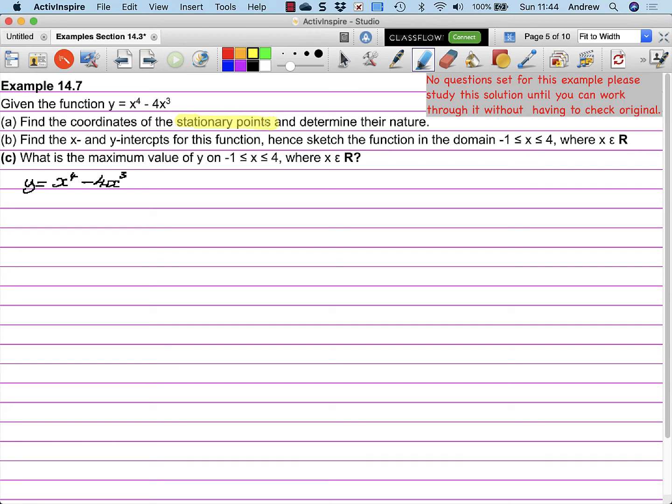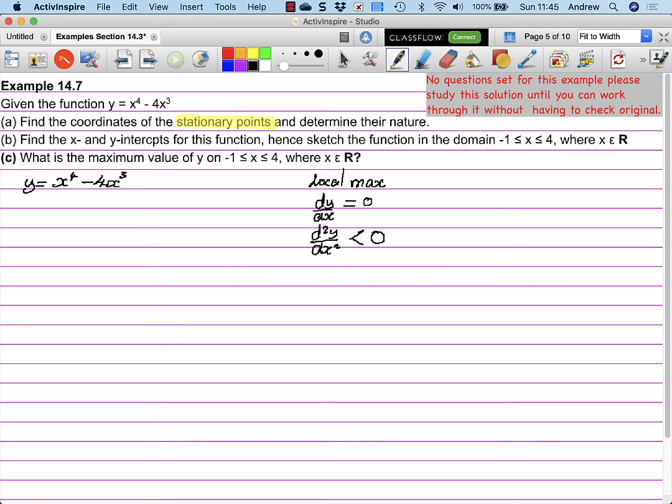Now there are 3 stationary points. There's only two turning points, a local max, a local min, but there are 3 stationary points. So the first stationary point is a local max, and the formula for local max is dy dx is equal to 0, but d2y by dx squared is in actual fact less than 0.